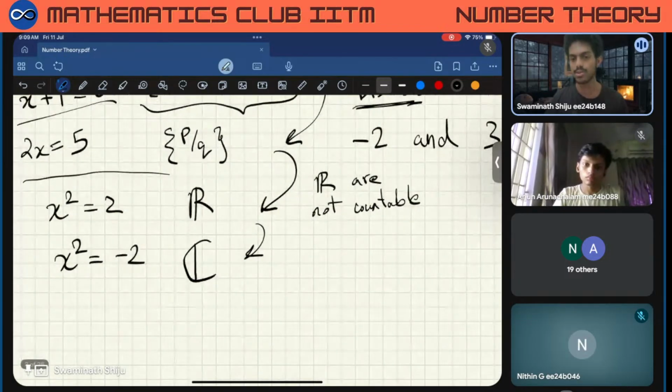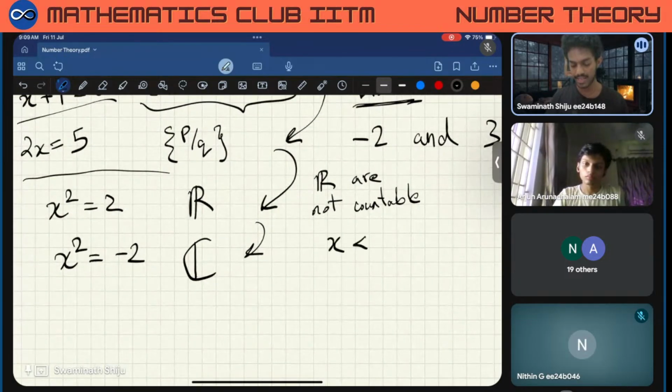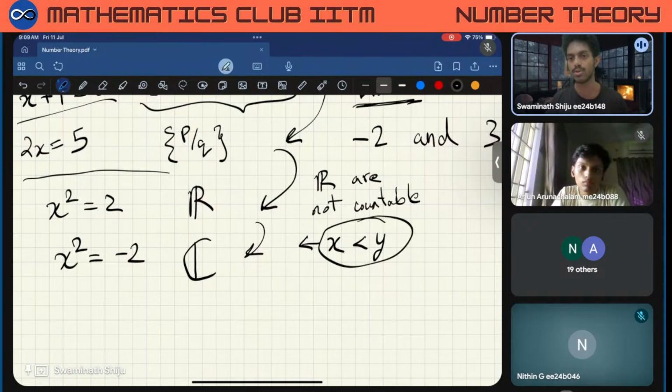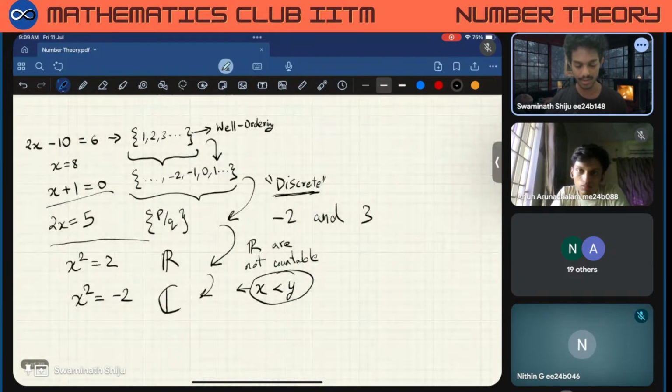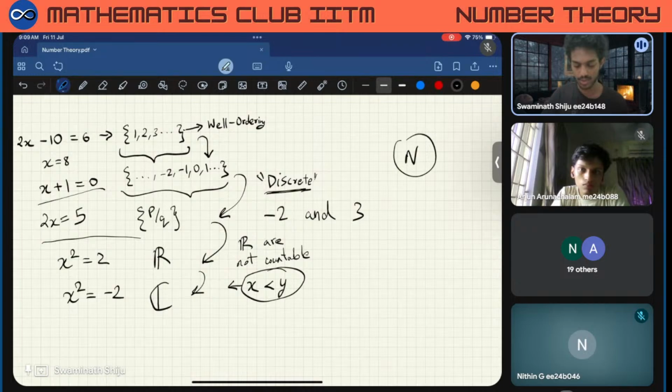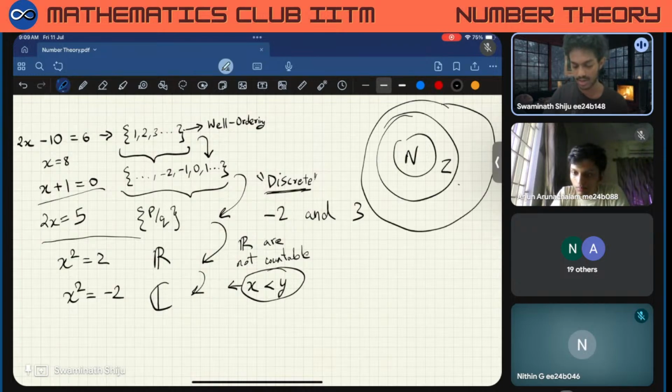We have the end of these common number systems here. Now here we lose order. I can't tell you x is less than y in the complex numbers. Order is very useful in real analysis, when you're studying real numbers. But when you're using complex numbers, there is no notion of x being bigger than y. So whenever you increase your numbers, you lose some structure.